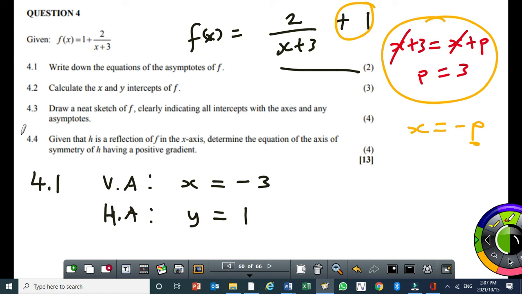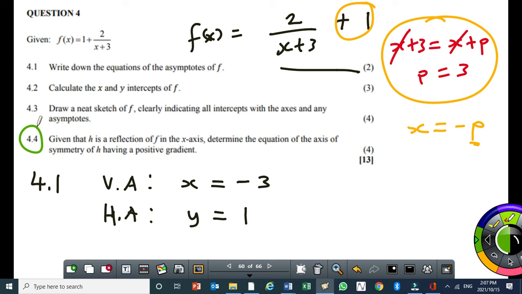Number 4.4 says, given that h is a reflection of f in the x-axis, determine the equation of the axis of symmetry of h having a positive gradient. For you to be able to do this question, you have to know the equation of h first after the reflection.